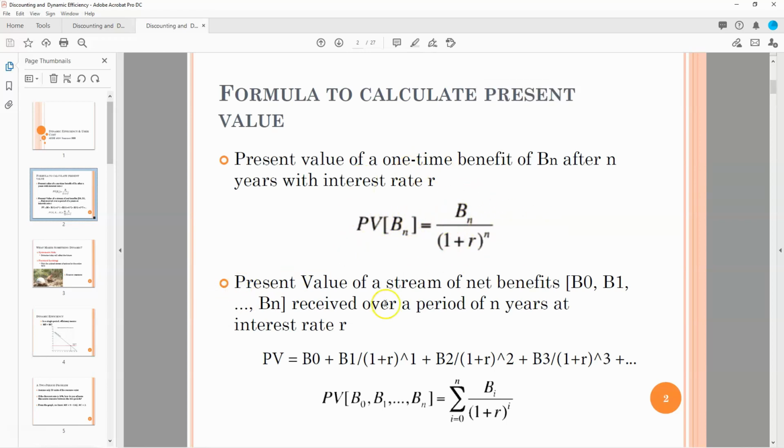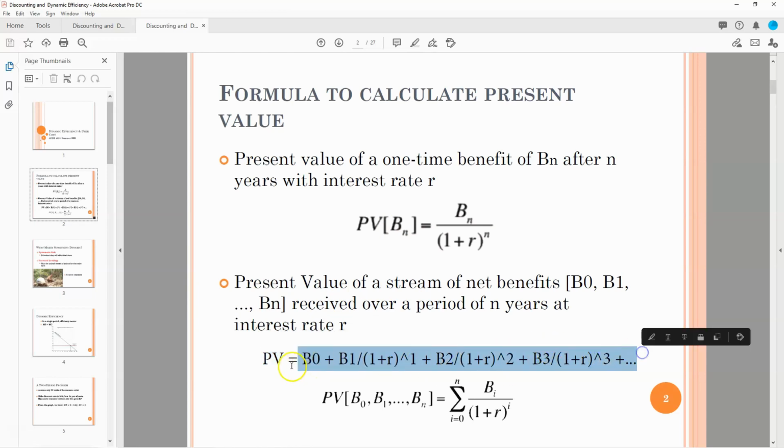And then suppose you would receive a stream of net benefits over a period of n years at interest rate R. Then what is the present value of this stream of net benefits? I can calculate it by this equation. In period 0, I receive B0.